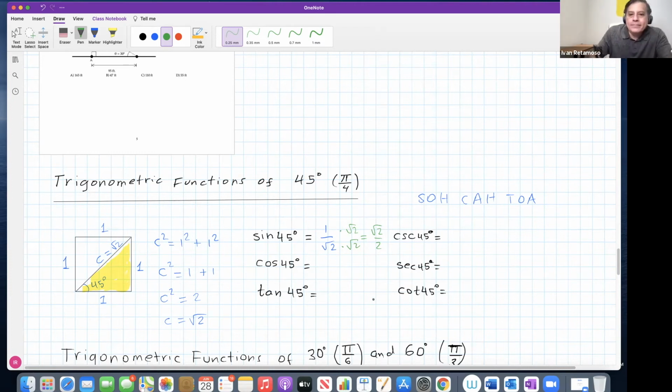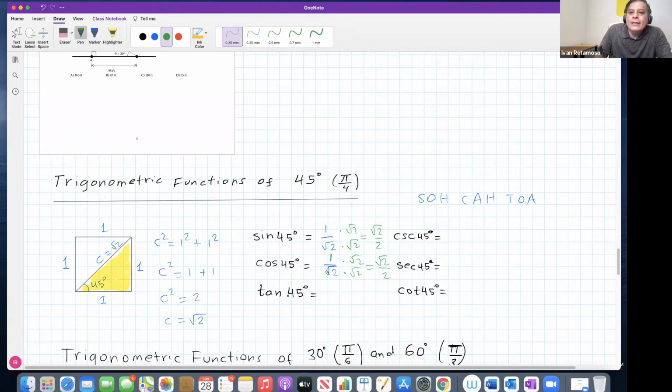All right, next. What about cosine? Cosine will be, according to SOHCAHTOA, adjacent over hypotenuse, so 1 over a square root of 2. But following the same rationalization process, right, we will end up with this rationalized result, right? The square root of 2 over 2, right?